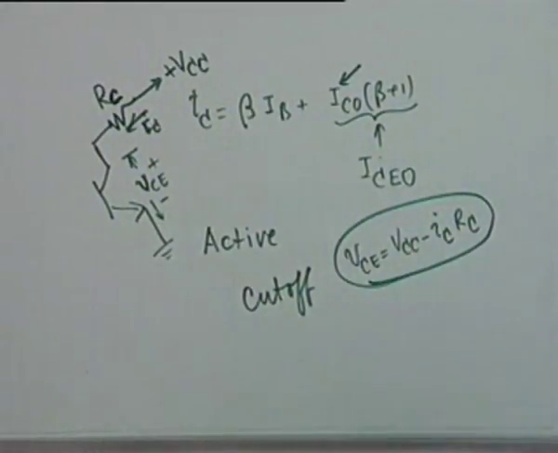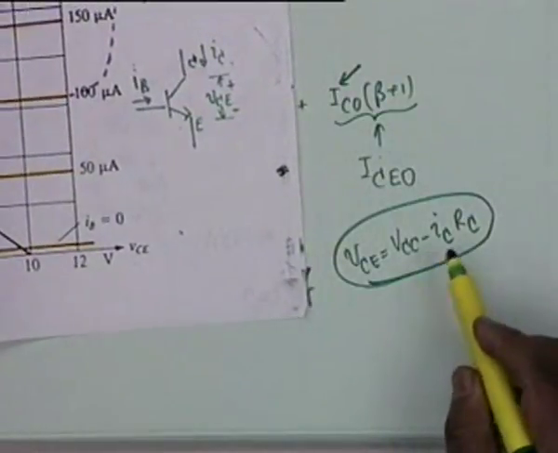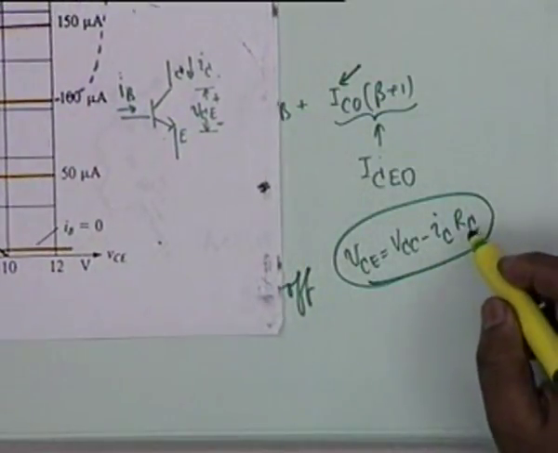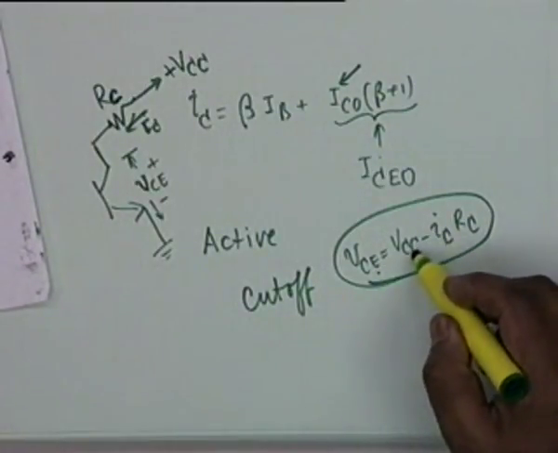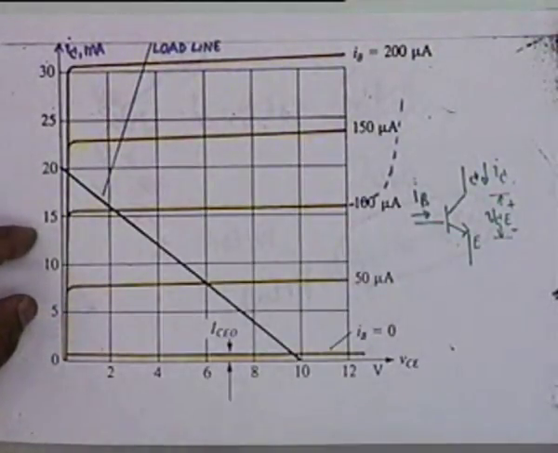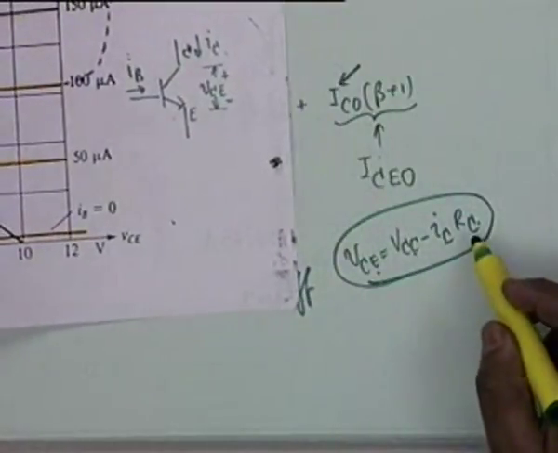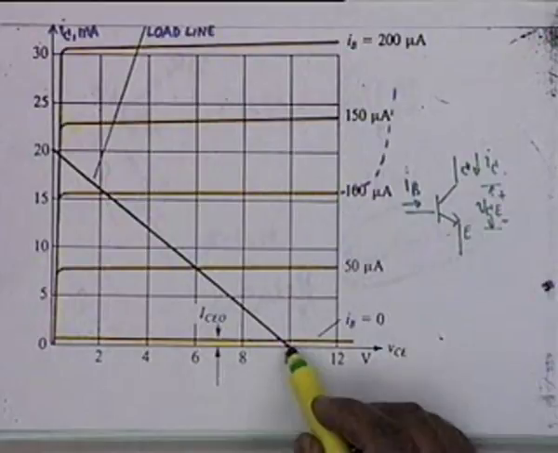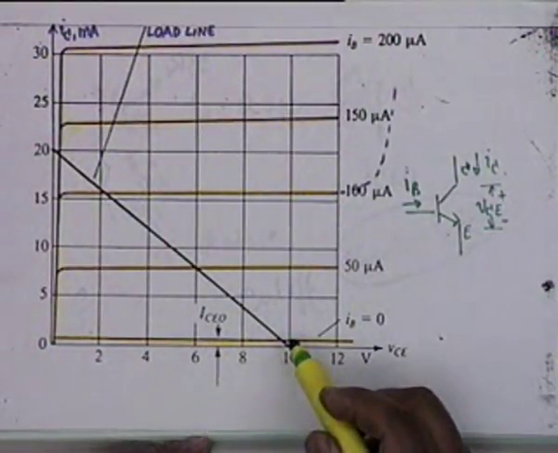This equation, when plotted on this graph, gives what is called a load line. For example, when VCE is equal to 0, IC is VCC by RC. This is the point when VCE is equal to 0. On the other hand, when IC is equal to 0, VCE is equal to VCC. So here the supply can immediately be read. What is the supply here? 10 volts.